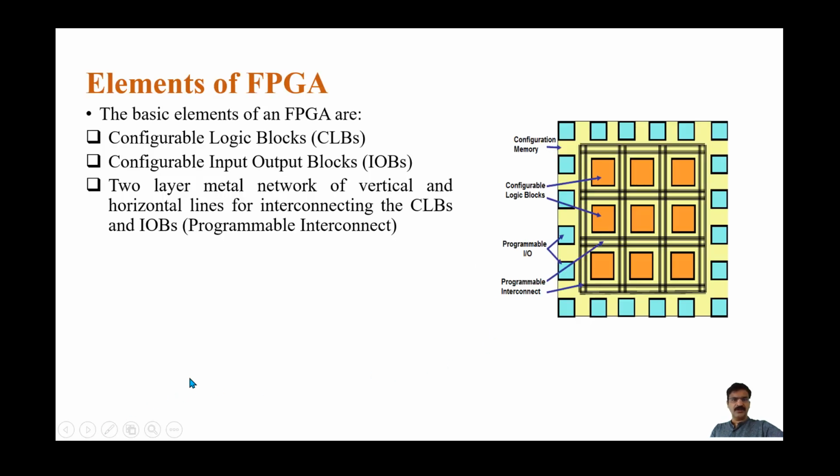So the basic elements of FPGA, I'll just cover that. There are configurable logic blocks, and then configurable IO blocks, IOBs. There is a two-layer metal network of vertical and horizontal lines for interconnecting the CLBs and IOBs, called programmable interconnects, as you can see clearly in the picture.